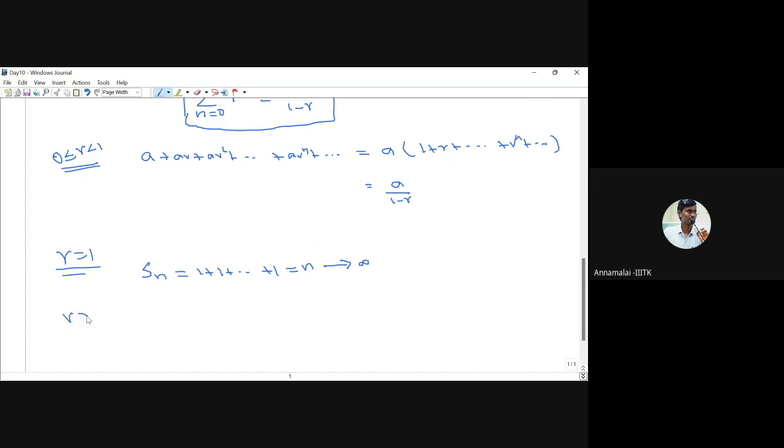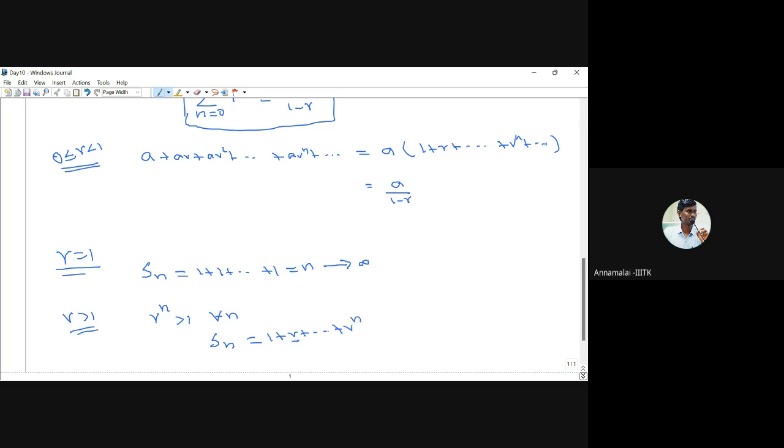If r is bigger than 1, then r power n is bigger than 1 for any n. r square is also bigger than 1, r cube also bigger than 1. Therefore, Sn is nothing but 1 plus r plus etc. plus r power n.